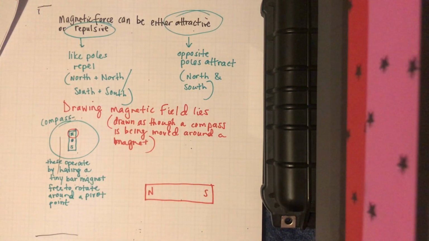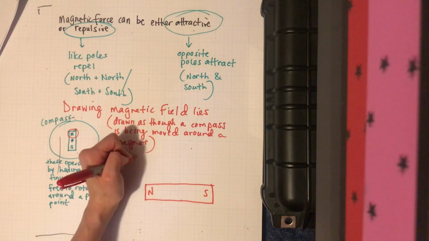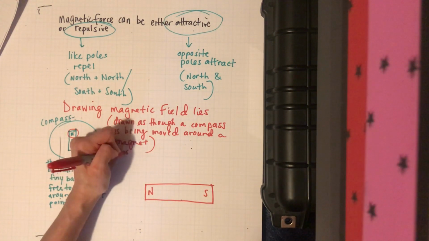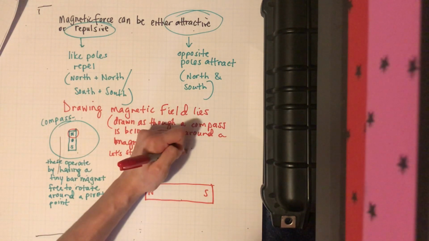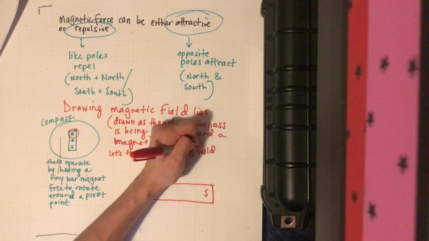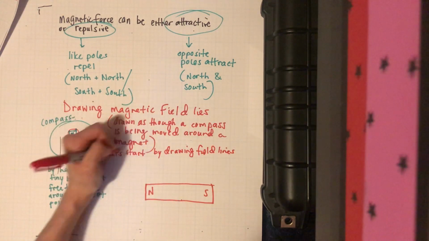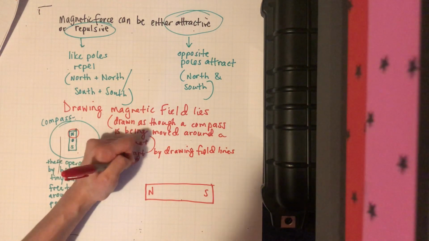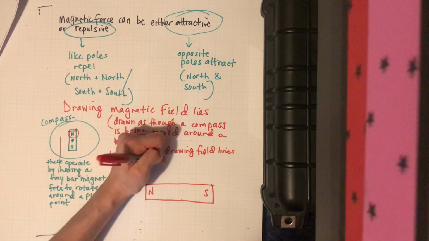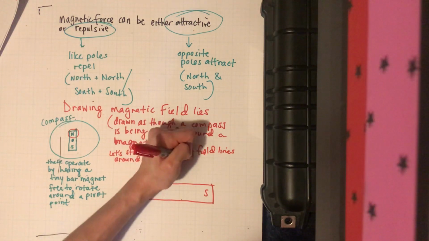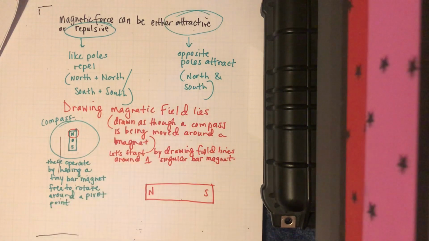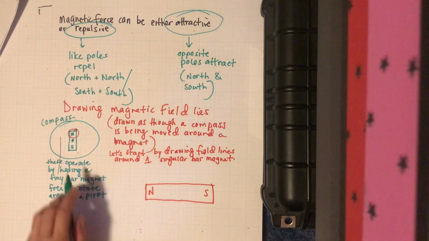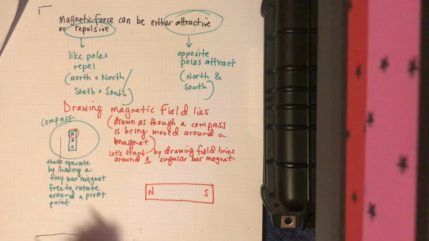So here we have one bar magnet. So let's start by drawing magnetic field lines around one singular bar magnet. These field lines are indicative of the direction that north would point on a compass.